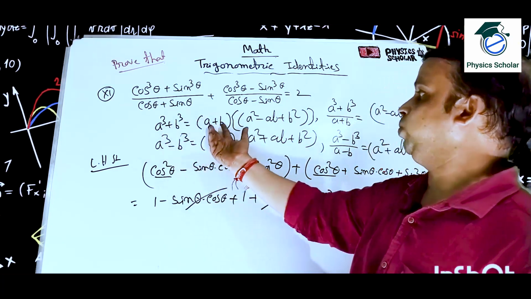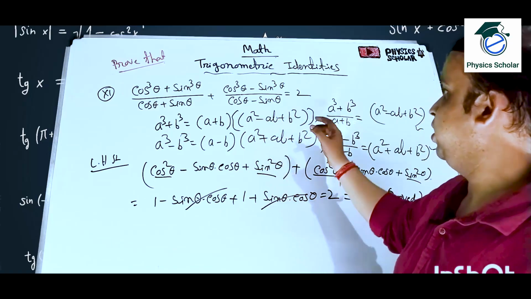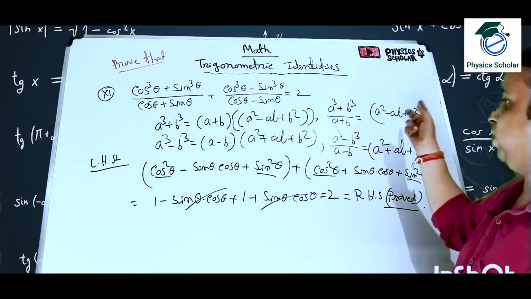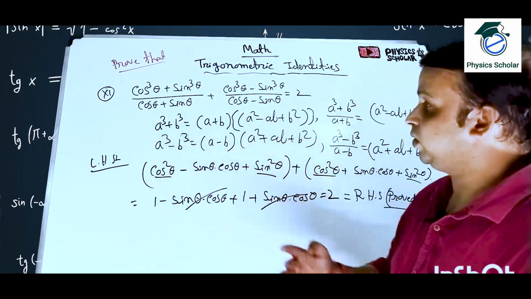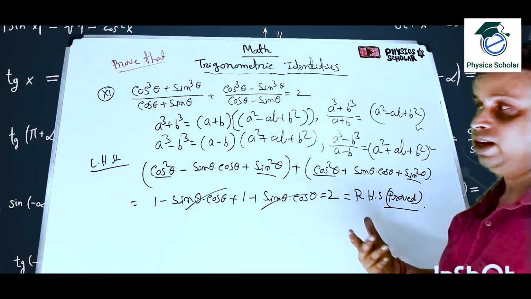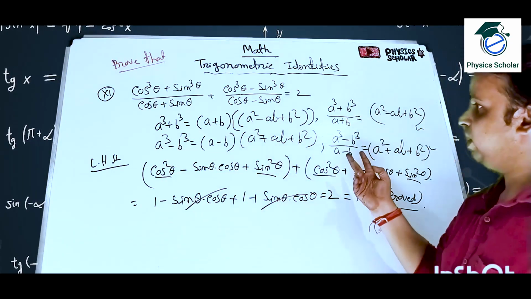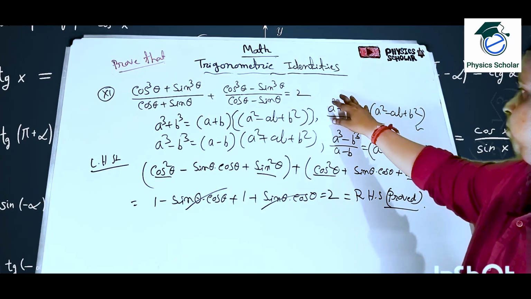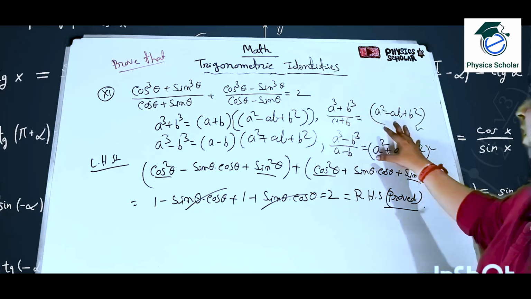So what we know? a³ + b³ = (a + b)(a² − ab + b²), so (a³ + b³)/(a + b) is equal to a² − ab + b². The factorization formula for a³ − b³ is (a − b)(a² + ab + b²), so (a³ − b³)/(a − b) is equal to this. In this form we can write like this.